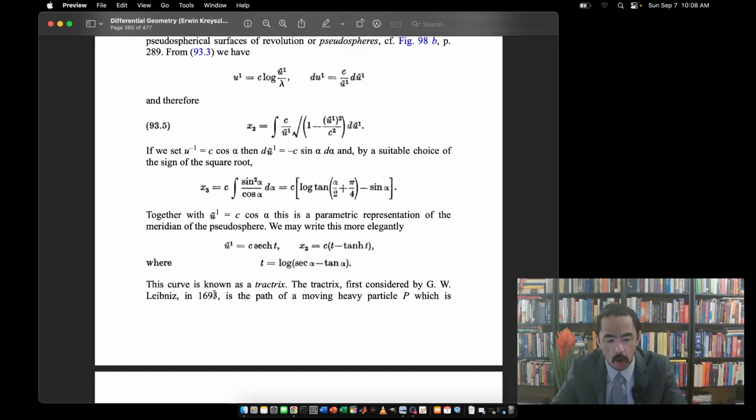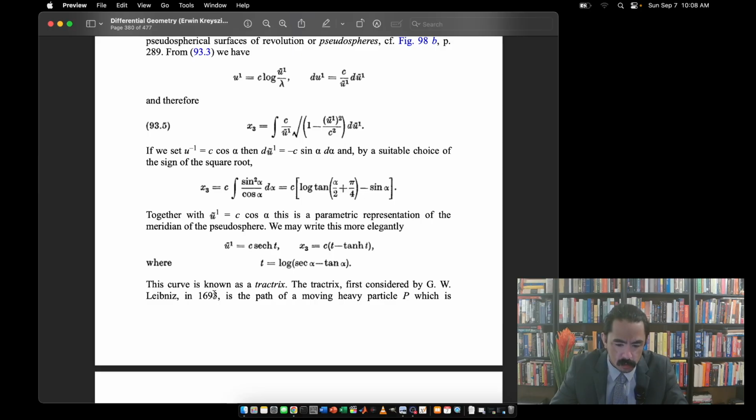Again, we have poor transcription of the PDF, but what it intends to say here is, if we set u1 bar equal to lowercase c times cosine of alpha, then du1 bar is equal to negative c times the sine of alpha d alpha, and by a suitable choice of the sign of the square root, x3 is equal to lowercase c times the integral of sine squared of alpha over the cosine of alpha d alpha.